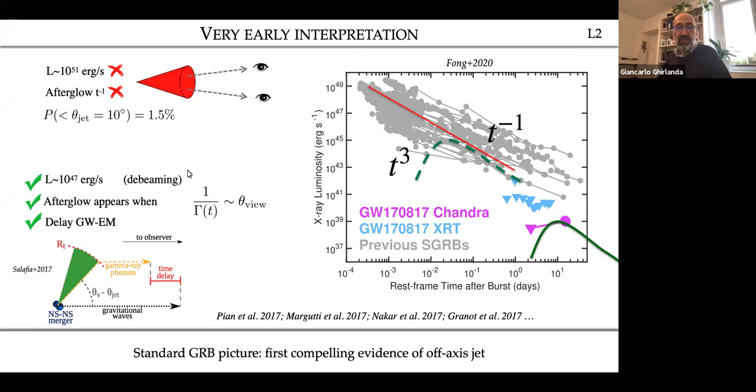The off-axis case was also giving a first interpretation of the delay between the gravitational wave and the electromagnetic emission. You can understand this in this sketch here.